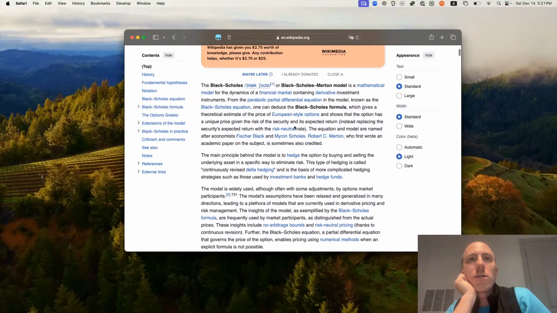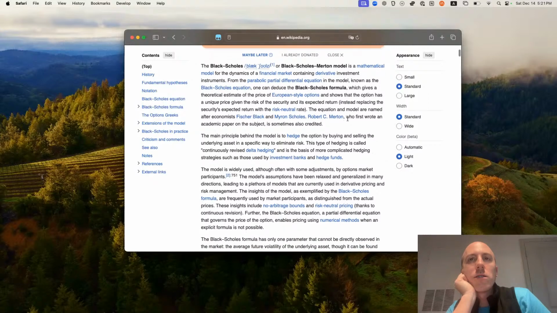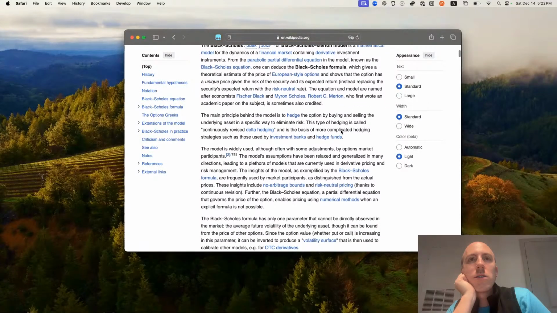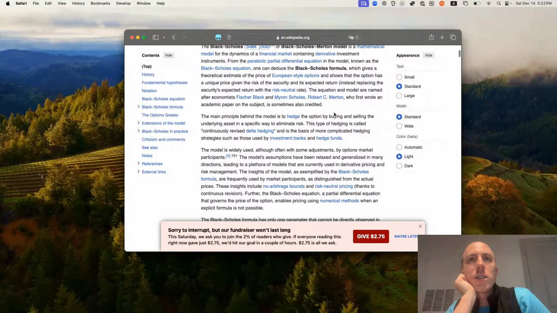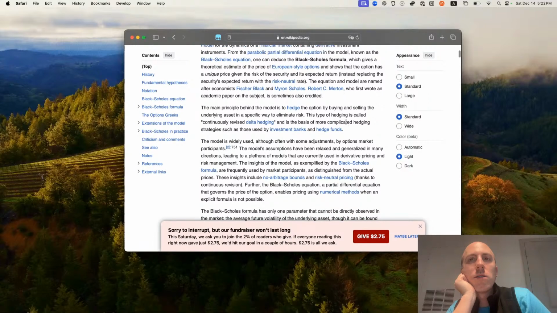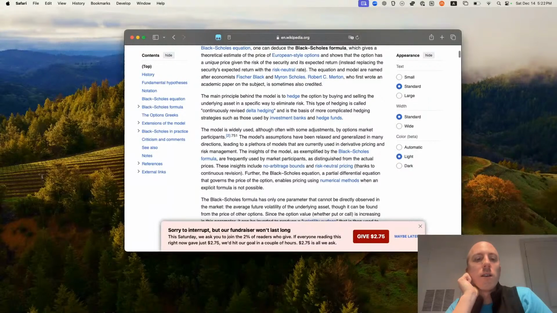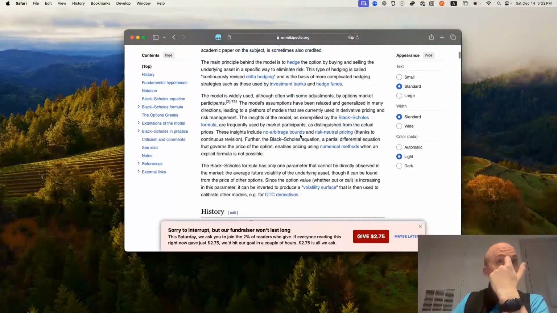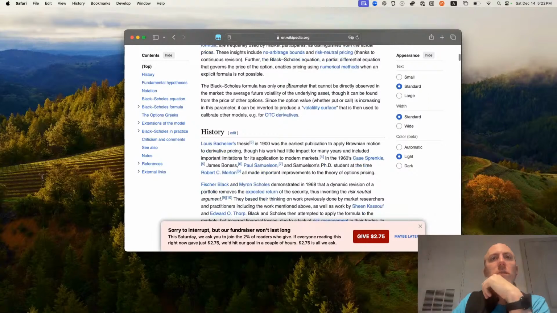Shows the option has a way to hedge the option. Also, the fast Fourier transform would be cool to understand. It was widely used. It only has one parameter that cannot be directly observed: the average future volatility of the underlying asset.